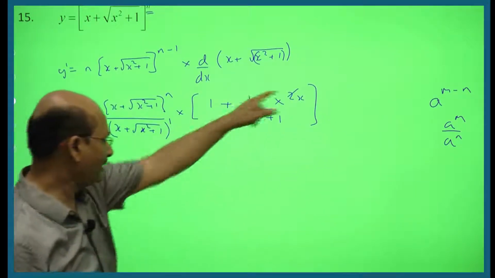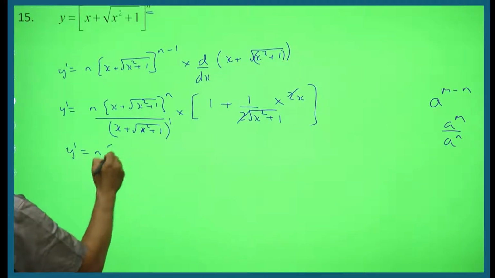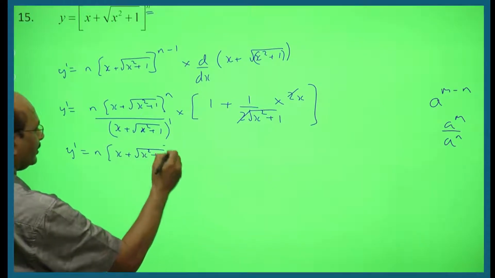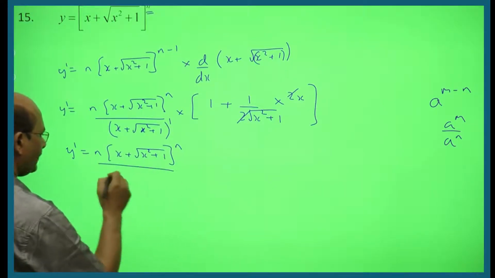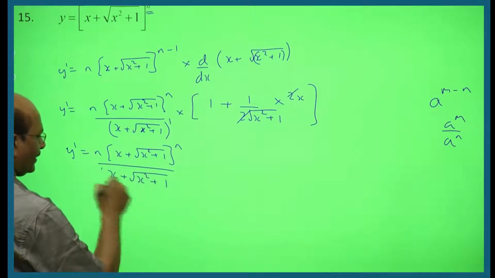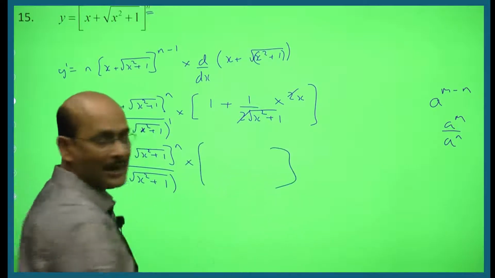I think I can find the LCM and try to work out here. Let us see what happens. So y dash is n x plus root of x square plus 1 raised to n divided by x plus root of x square plus 1 into. Now when I find the LCM, what happens?